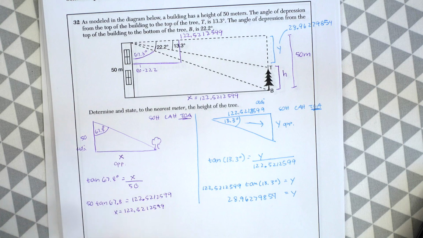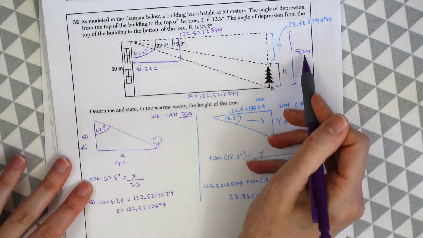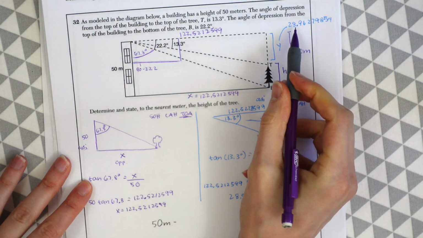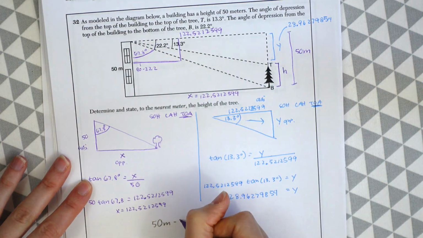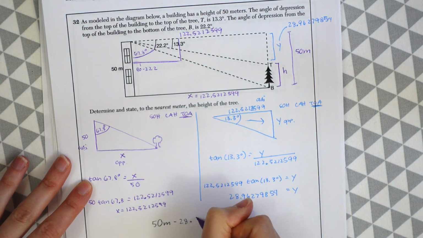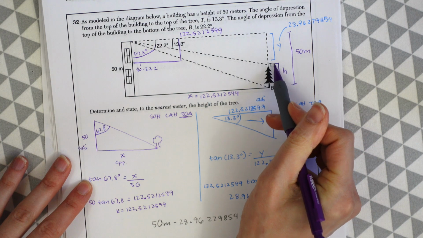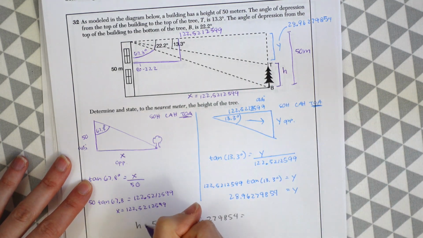So notice what we can do now. We have this value 50 meters, which they gave us, minus that number we just got, 28 point. Whatever we end up with will be the value of h.